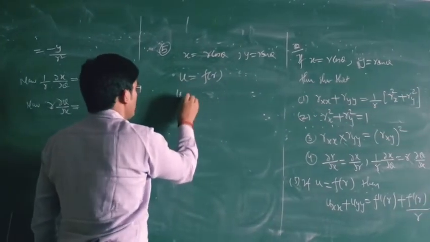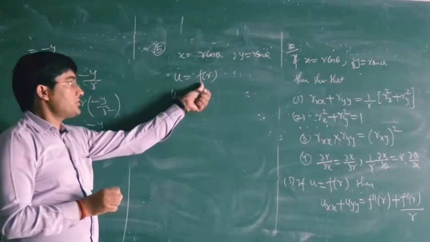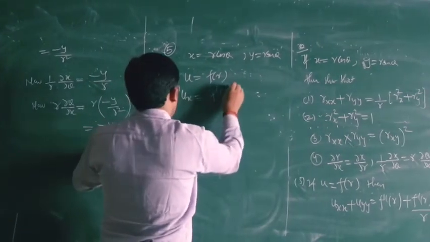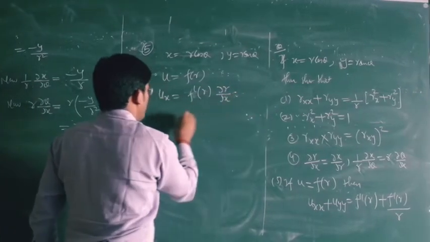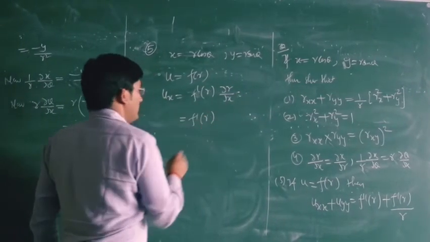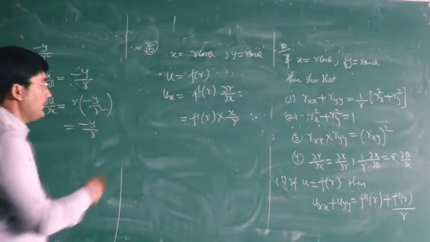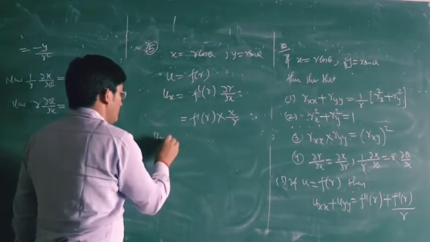So your ux will be the partial differentiation of f with respect to x, and this will be f dash r and then del r upon del x. So it is equal to f dash r, and the differentiation of r with respect to x is x upon r. Let us compute its double derivative.